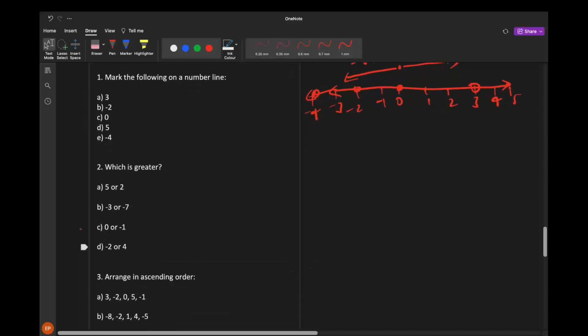Which is greater? 5 or 2? Yes, correct. 5. Minus 3 or minus 7? Minus 3, because minus 7 comes here, minus 3 comes here, right?